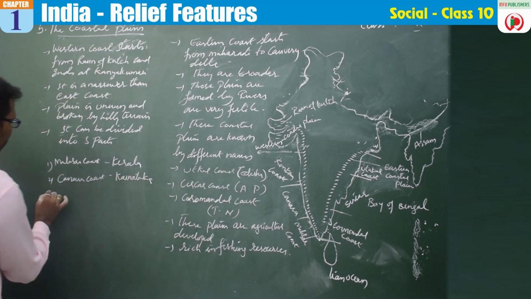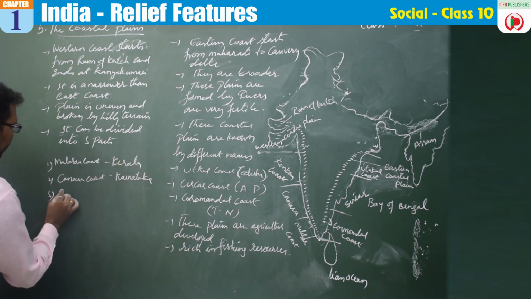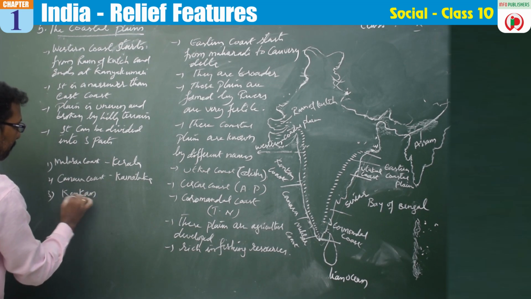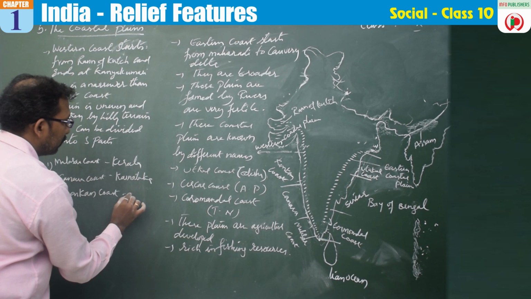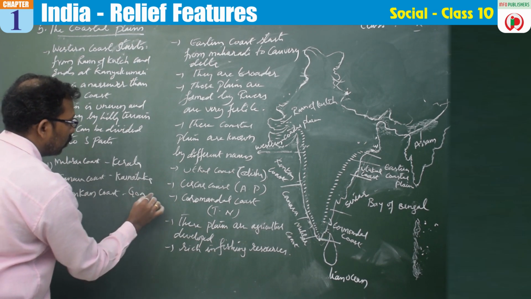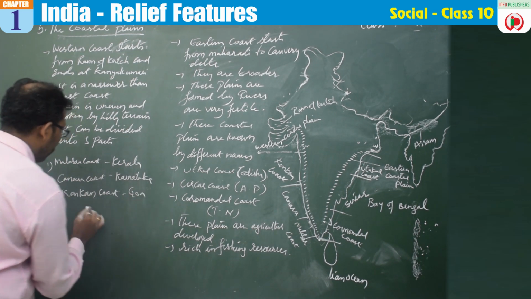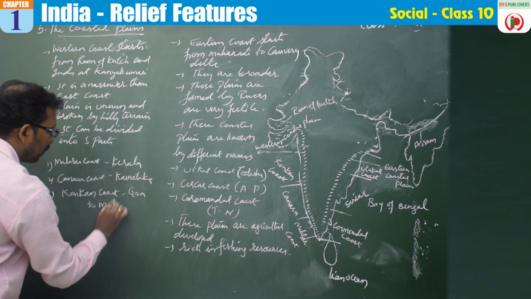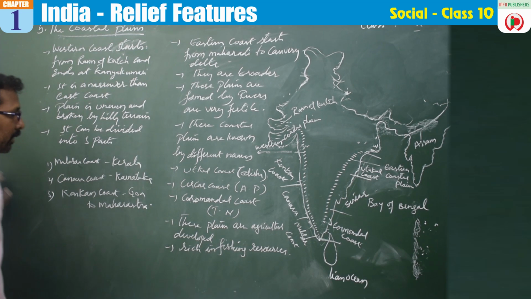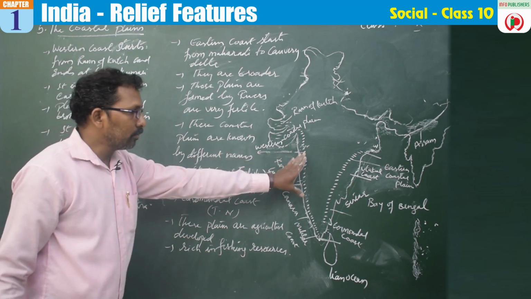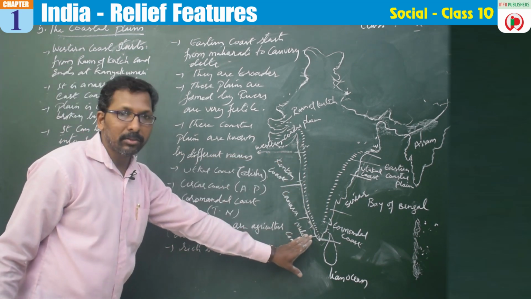And the Konkan coast lies from Goa to Maharashtra. Goa to Maharashtra. Okay, so the western coast is divided into three particular parts.